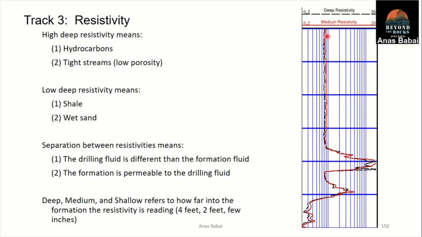We see that the value here is around 1, and this is shale resistivity, a very low resistivity, while we can see a sudden increase in the resistivity values reaching up to a value of 20, and that's high resistivity compared to the shale resistivity.